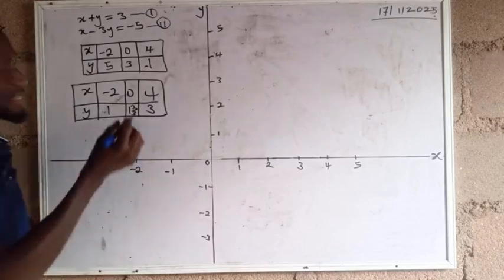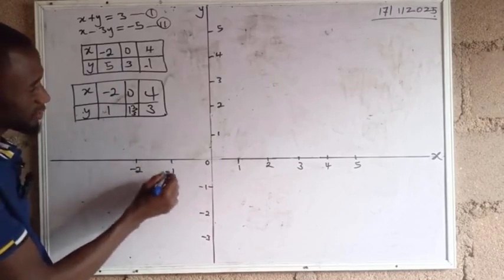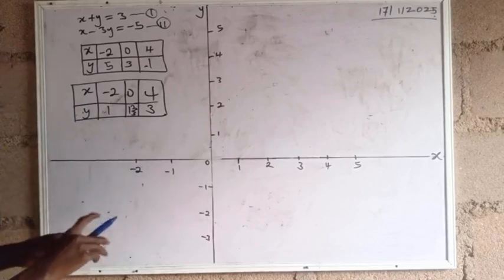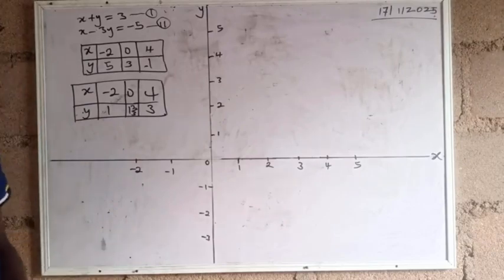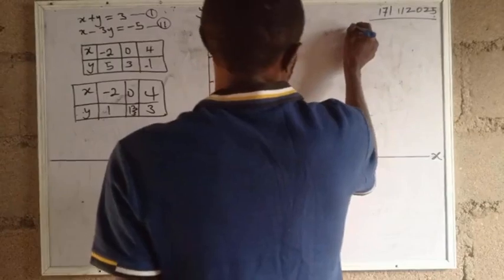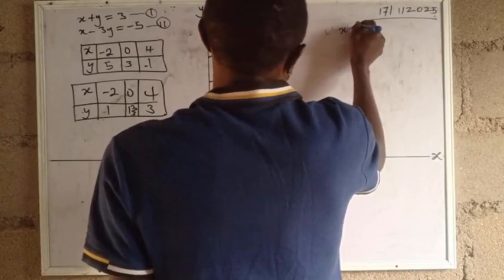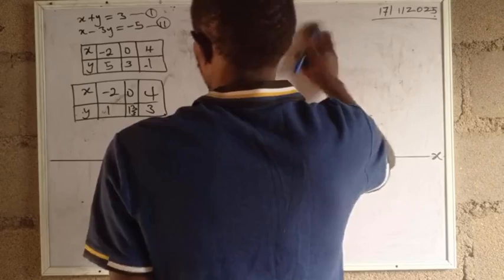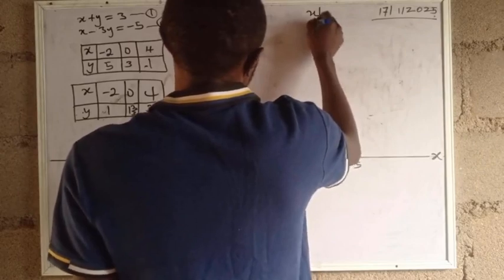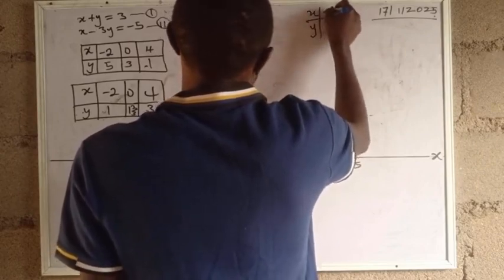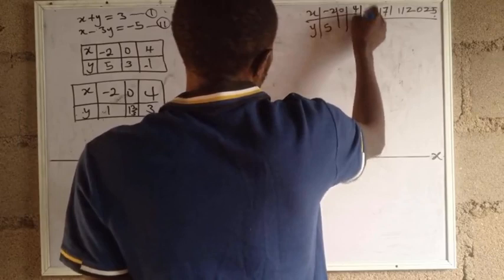Since here x is -2 and y is 5, we're going to look at where x is -2 and y is. Let's take our graph here: x, y, -2, y, 0, 4.